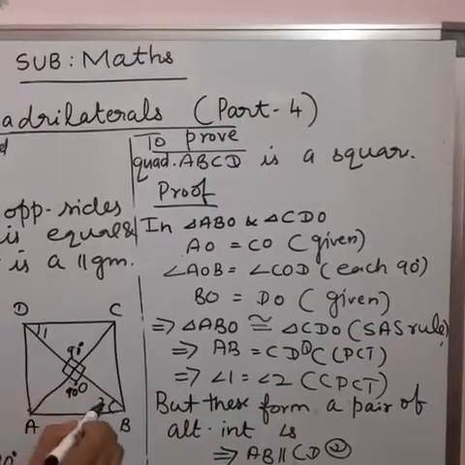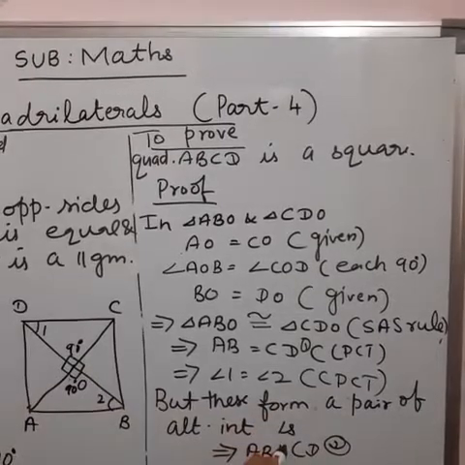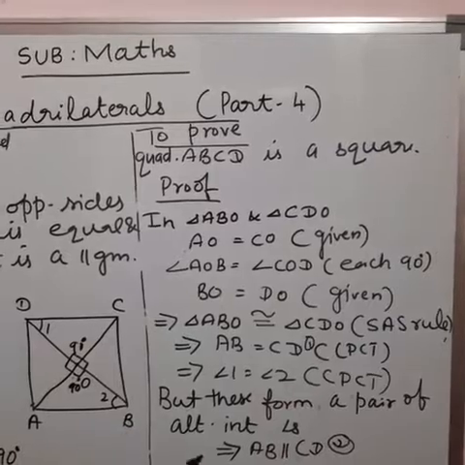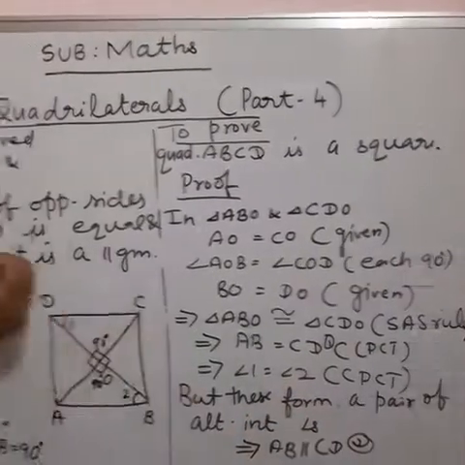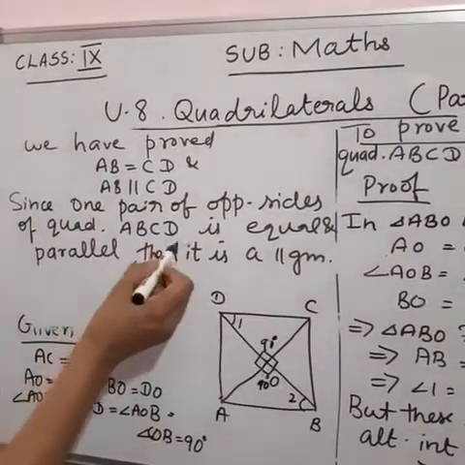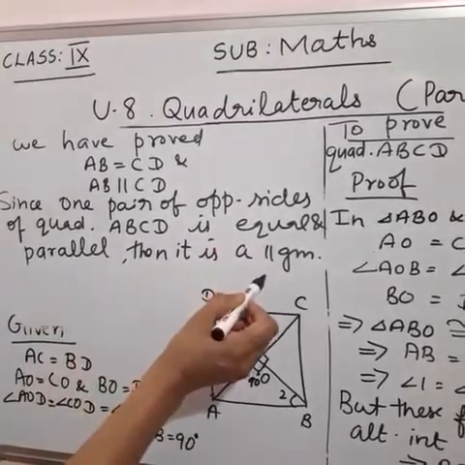But you know angles 1 and 2 form a pair of alternate interior angles and they are equal. Therefore line AB is parallel to DC. Now we have proved AB is equal to CD and AB parallel to CD. So since one pair of opposite sides of quadrilateral ABCD is equal and parallel, it is a parallelogram.